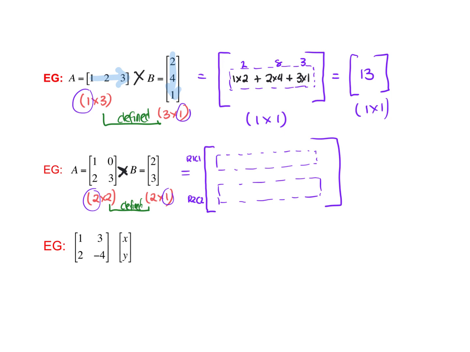So if you look here, this one's going to be 1 times 2 plus 0 times 3. So I have used this row with this column, yeah? And then I'll go again, and I'm going to use row 2 with that column. So I'm going to have 2 times 2 plus 3 times 3. Then just tidy that up.